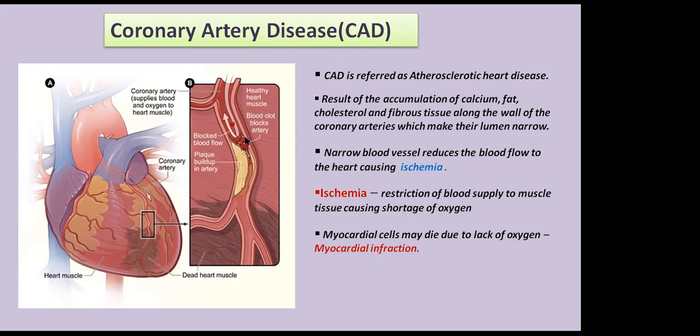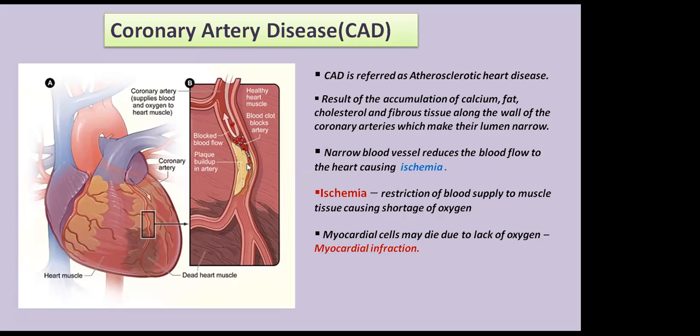If within the wall of the intima layer a fibrous fatty block occurs, this block is not present in the lumen of the artery. Please remember this: in coronary artery disease, the block is not formed in the lumen of the artery, but within the wall of the artery, so that the size of the muscle layer increases, narrowing the blood vessel.